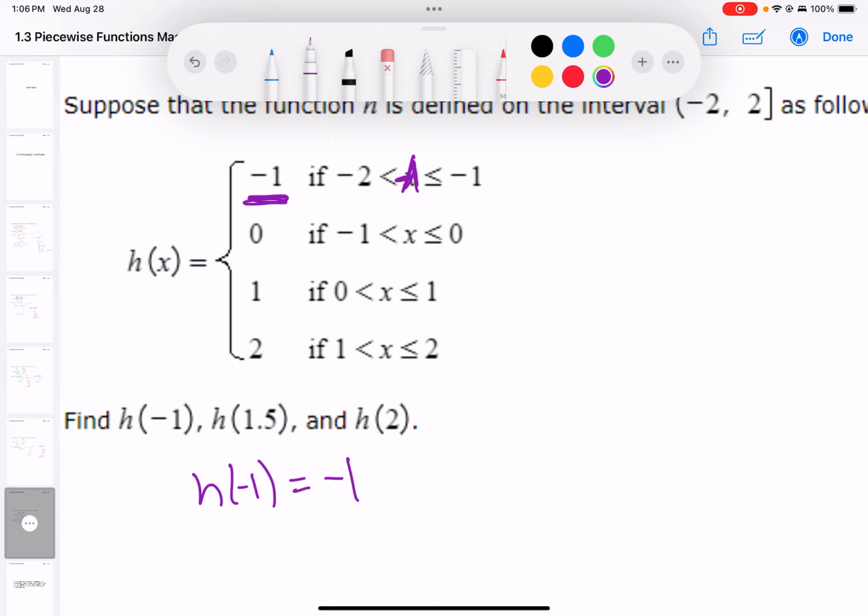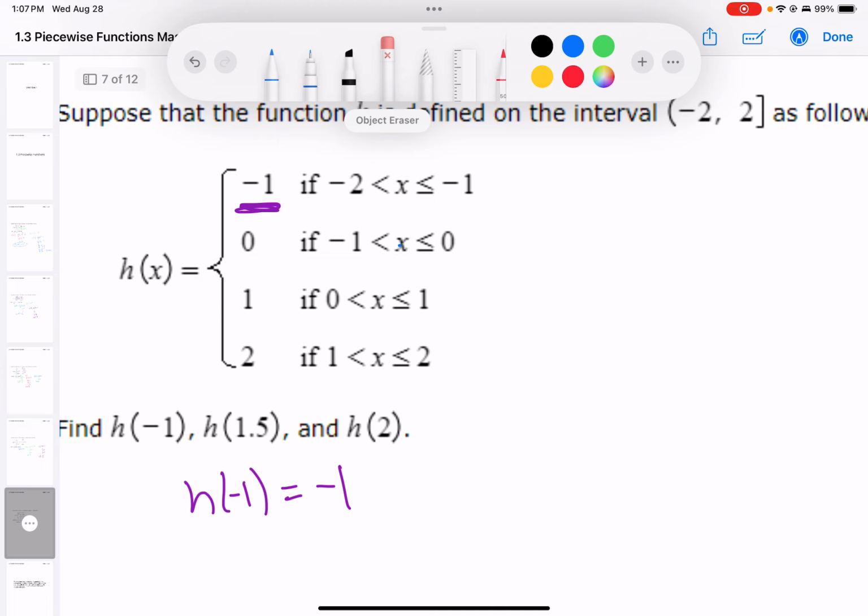Let's put it in. 1.5. Well, -2 is less than 1.5, yes, but is 1.5 less than -1? No. So that doesn't work. -1 is less than 1.5, yes, but is that less than or equal to 0? No, so that doesn't work.